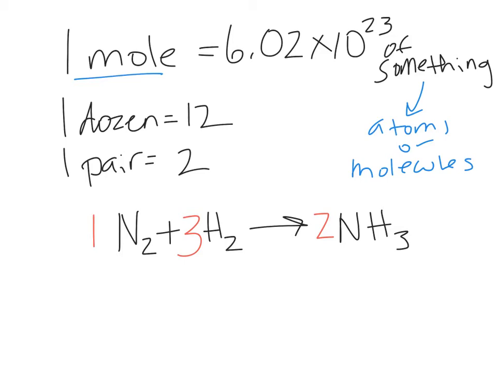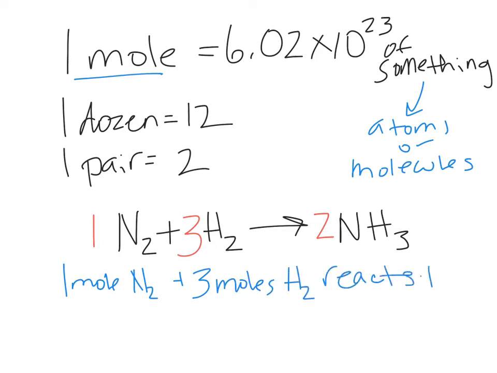So for example, if we write it out, it says 1 mole of N2 plus 3 moles of H2 react to form 2 moles of NH3.